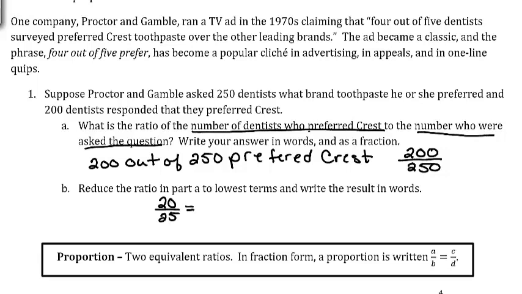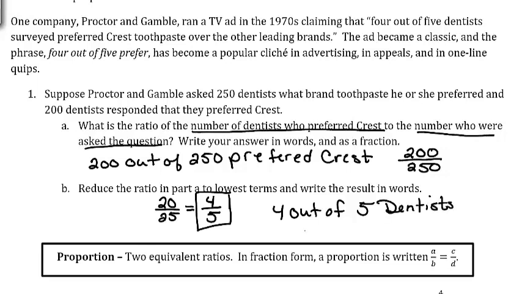Both 20 and 25 are divisible by 5, and so 20 divided by 5 is 4, and 25 divided by 5 is 5. So this reduces down to 4/5. That would be the 4 out of 5. So 4 out of 5 dentists prefer Crest.